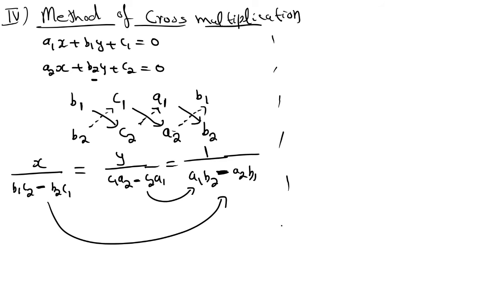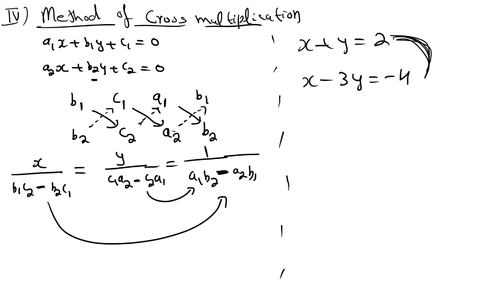Suppose the equations are x plus y equal to 2 and x minus 3y equal to minus 4. To do the cross multiplication method, here it is not in the form a1x plus b1y plus c1 equal to 0. To apply cross multiplication, first you need to convert the given equations into the form a1x plus b1y plus c1 equal to 0.